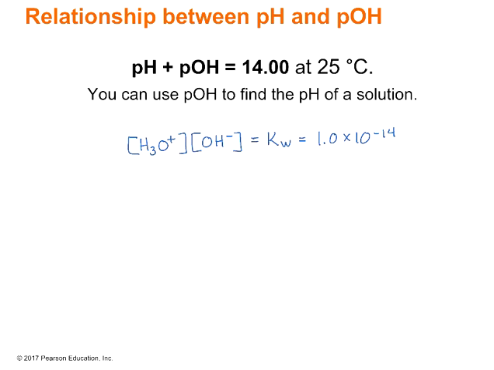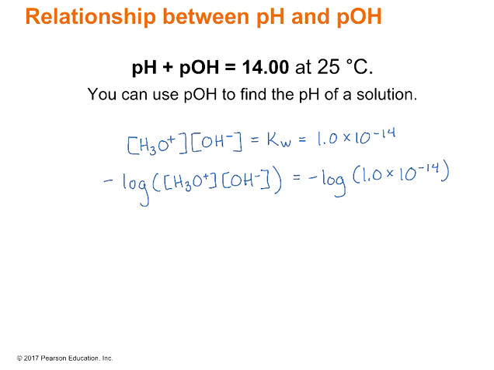So now, if we take the negative log of both sides, what we can do on the left is actually separate the concentration of hydronium ions from the concentration of hydroxide ions.